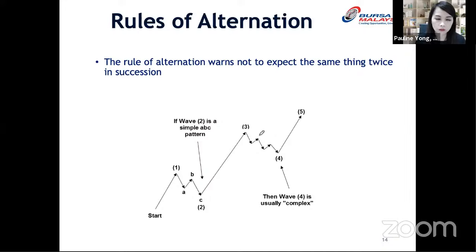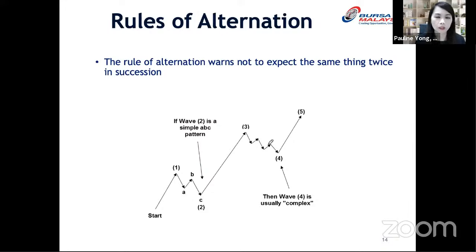So maybe this rule of alternation is saying that we should expect things to be different, because the stock market is not predictable in a sense. Sometimes you can have this pattern, and then sometimes you can have a different pattern, and you don't expect to have the same pattern.